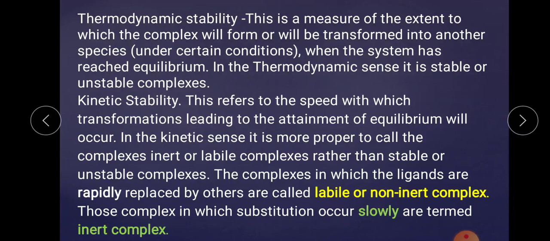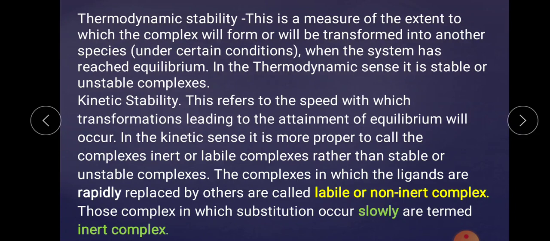Now what exactly is meant by thermodynamic stability? Suppose we are trying to form a complex. A plus B, there is a formation of a complex C. If we are focusing on the quality of product C, the quality of the complex C, and we are not bothered about the time span or the rate of reaction, then you are dealing with thermodynamic stability.